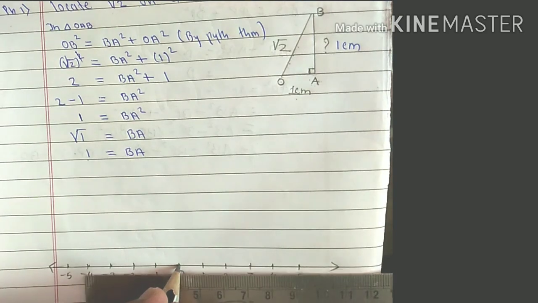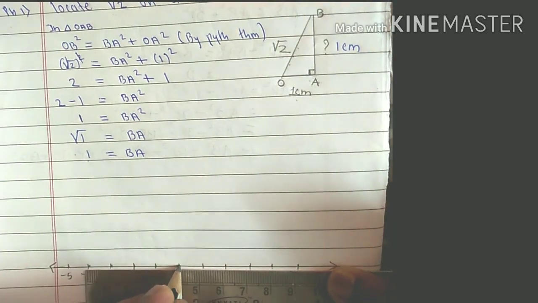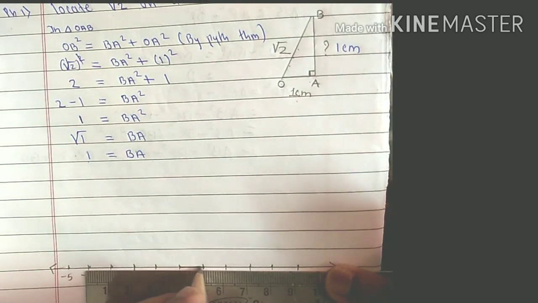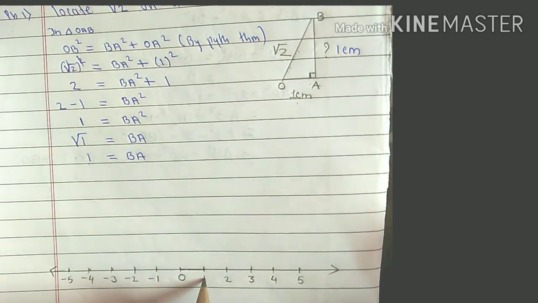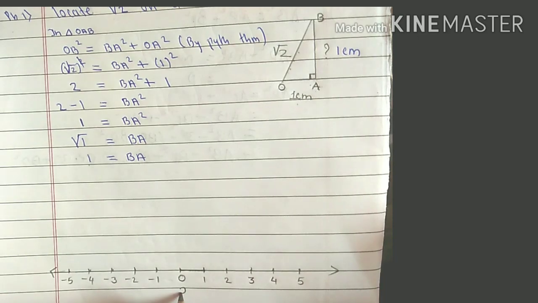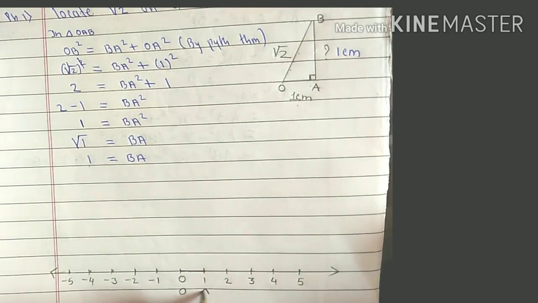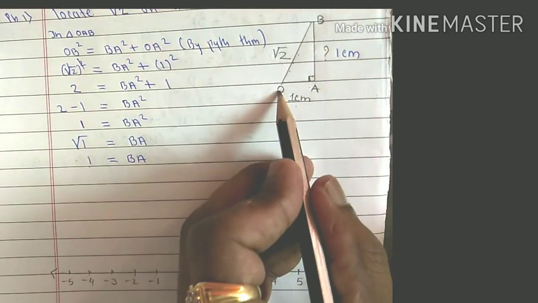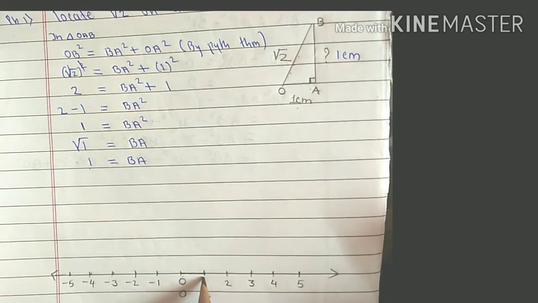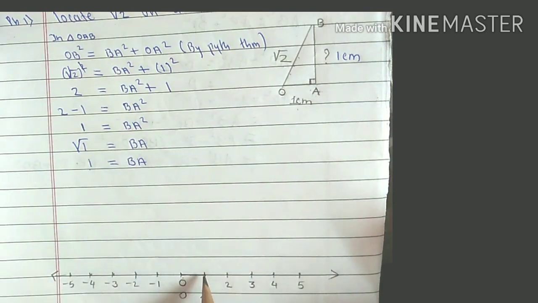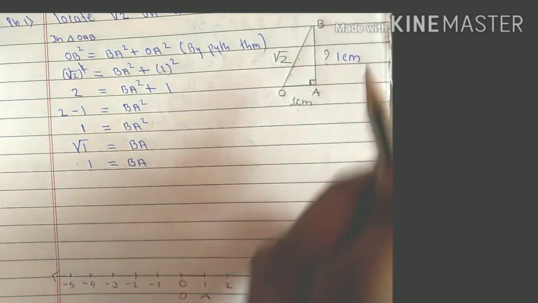So I can draw this line, and this marking which is there as 1, I know that this is my O and this is my A. After getting OA, that is 1 centimeter, I know that from A to B I have to get 1 centimeter.